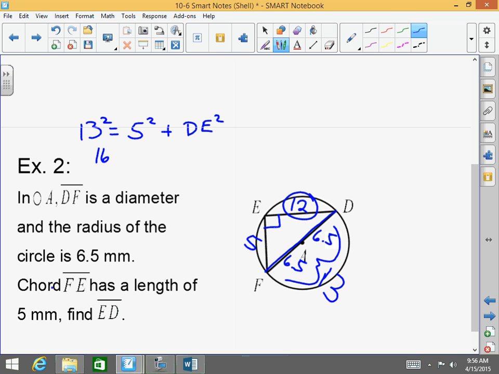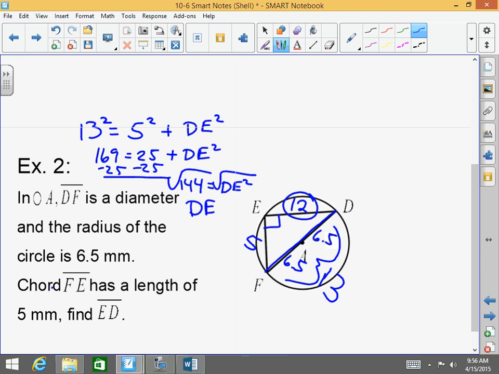And then that's 169 equals 25 plus DE squared. Subtract the 25, 144 equals DE squared, square root both sides, DE equals 12.